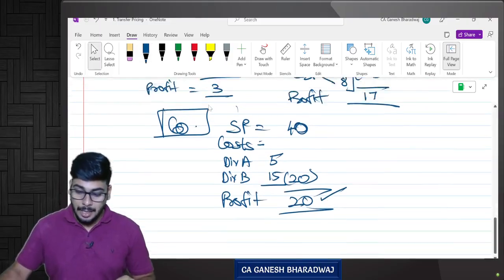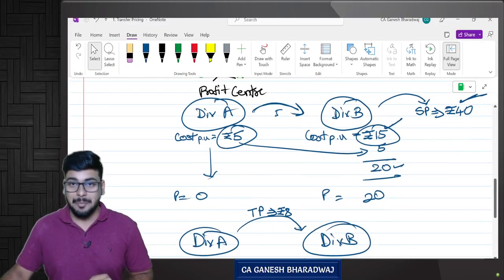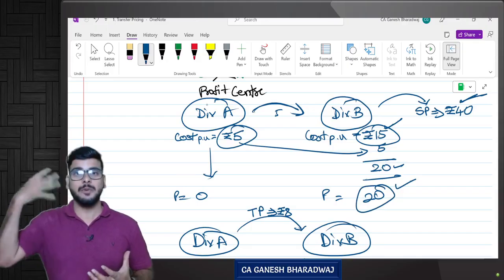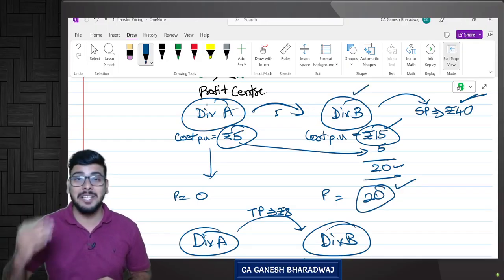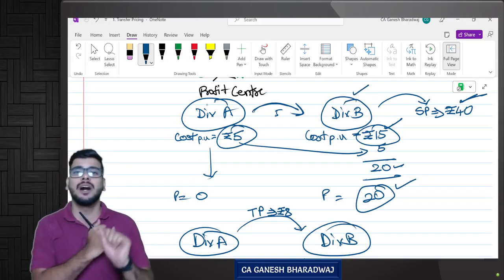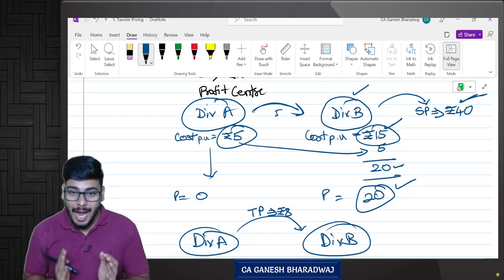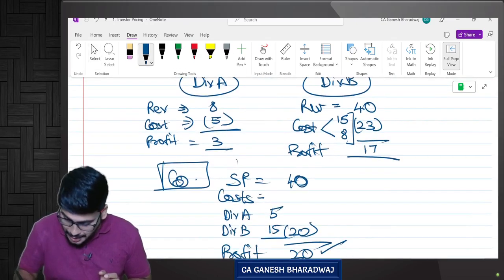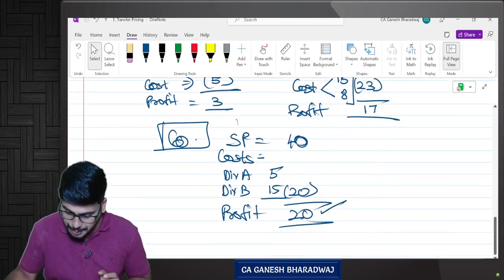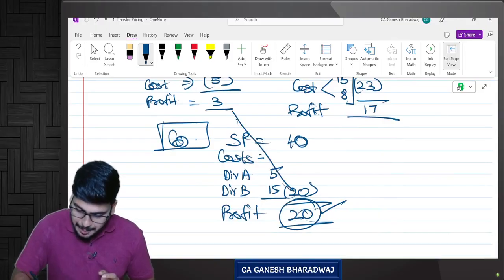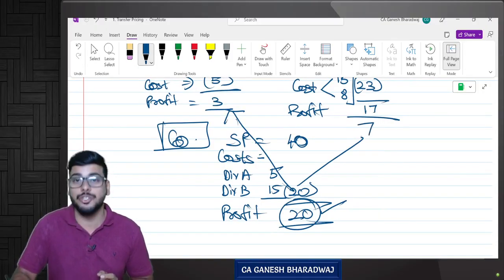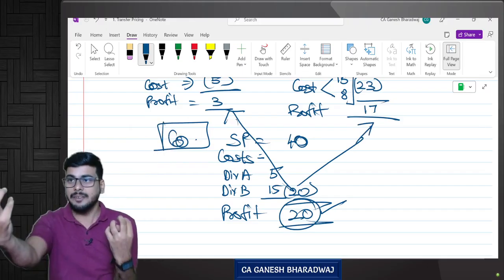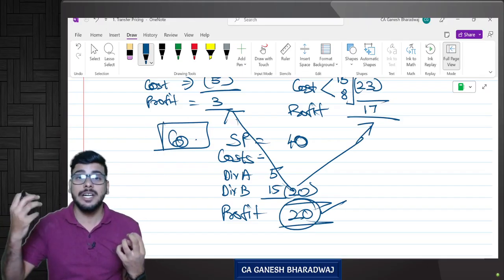Earlier, the credit for the entire 20 rupees of profit was taken by the manager of division B. But now, after introduction of transfer price, this 20 rupees of profit has been properly distributed to the two divisions. 3 rupees of profit was generated from division A, 17 rupees from division B.